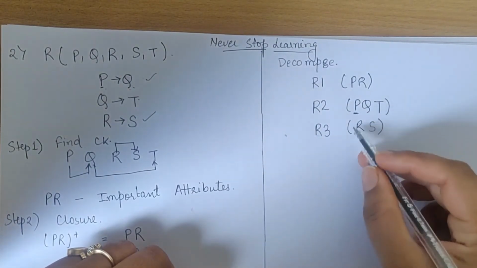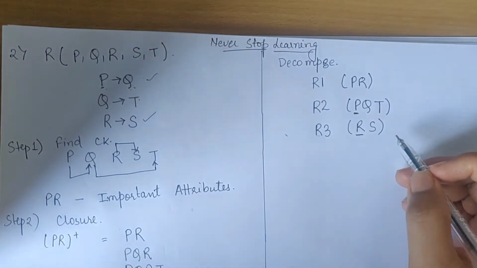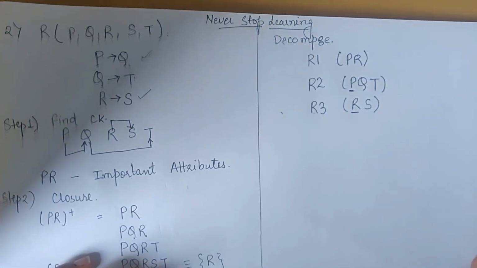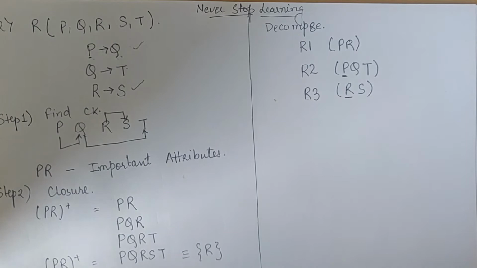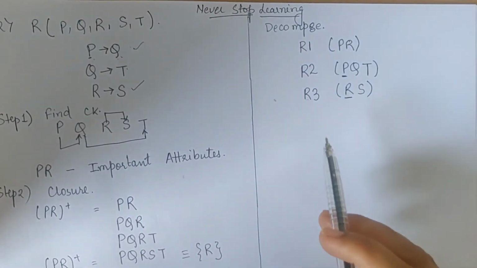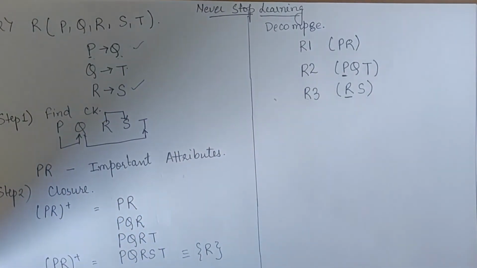Now key R is determining S, which is a non-prime attribute. So here also there is no problem. This question is also solved. So what we have done is decompose the relation R into 3 tables, and we brought it to the second normal form.